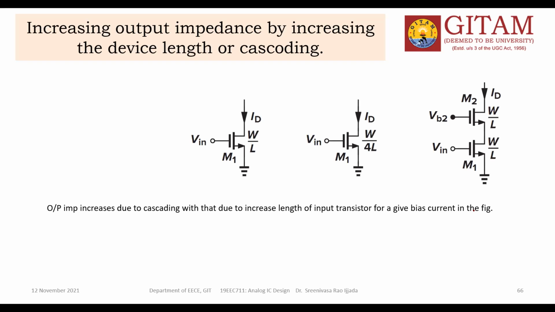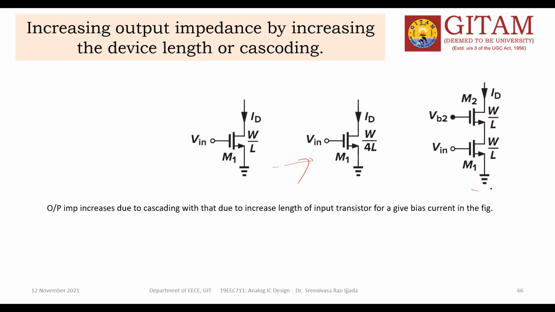See here, in the first picture, only one transistor M1 whose length is L and width is a fixed W. If I increase the length 4 times, still the same current flows, no change, but the impedance increases a little bit.